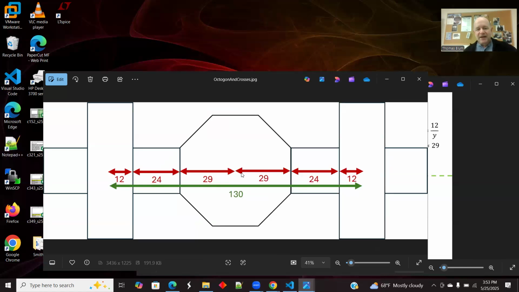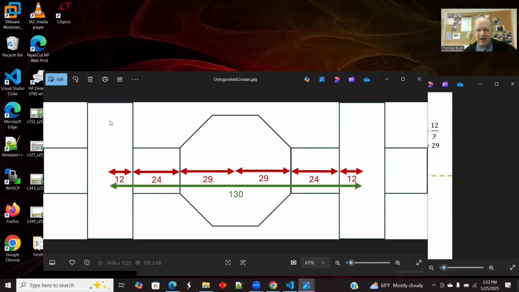If the horizontal half of the octagon is 29, and there's another 29, and this side is 24, I'm going to also make this 24, and half of that is 12.